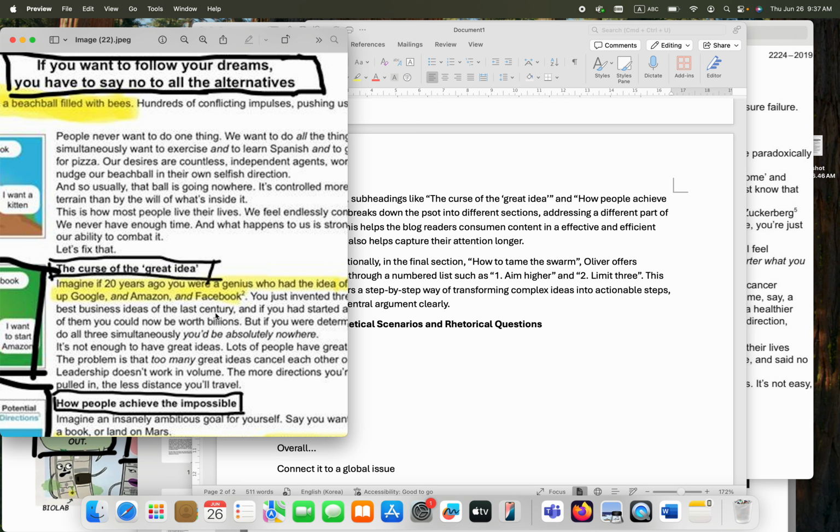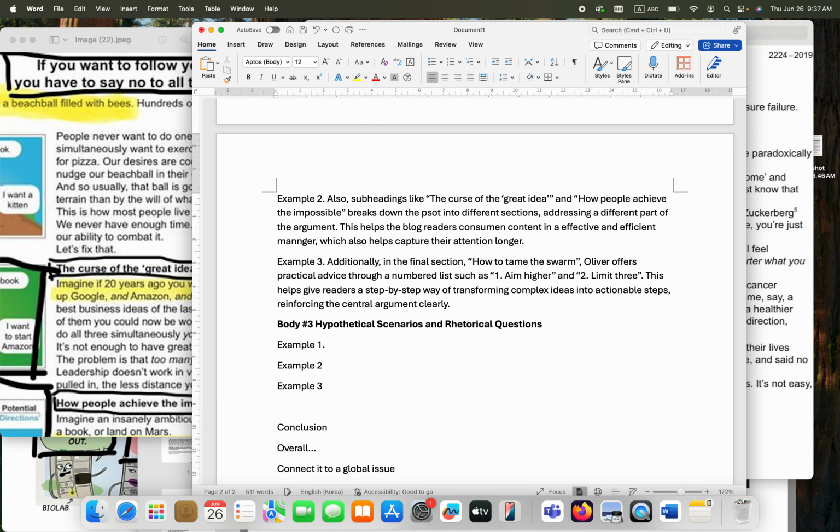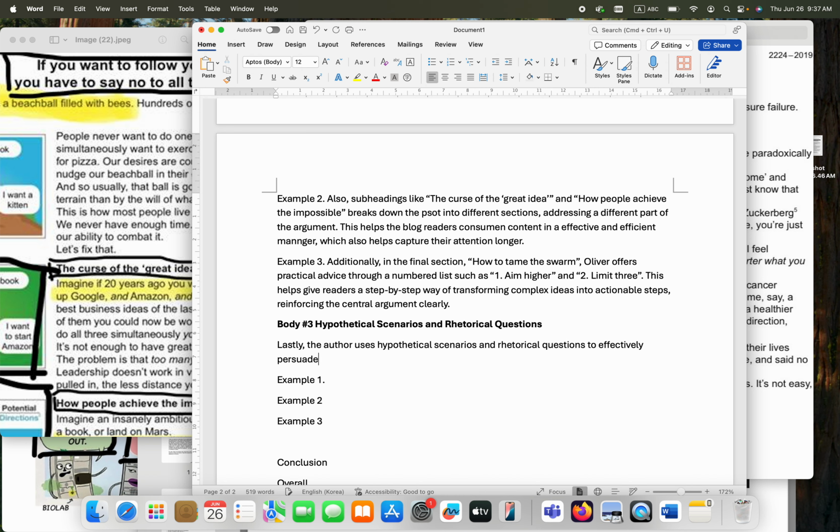So you could write something like, alright, so let's write, lastly, the author uses scenarios and rhetorical questions to effectively persuade the readers.